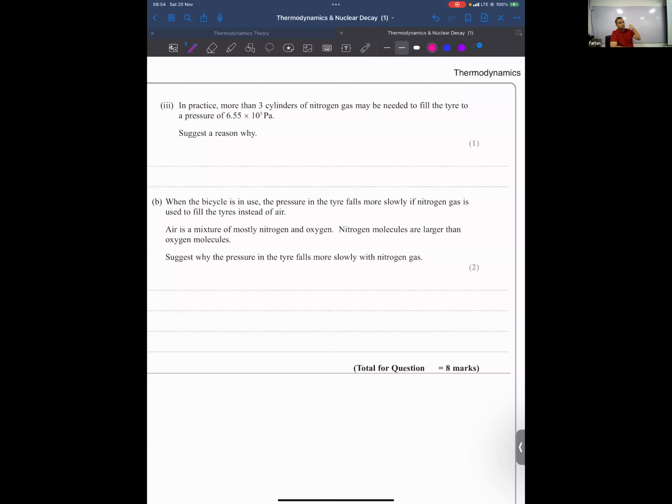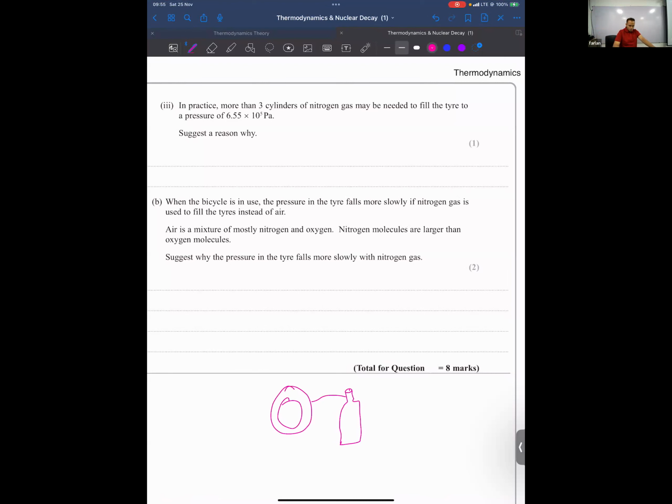What happens is the cylinder is storing gas at a high pressure. Let's say this is a cylinder and you have a tire here.